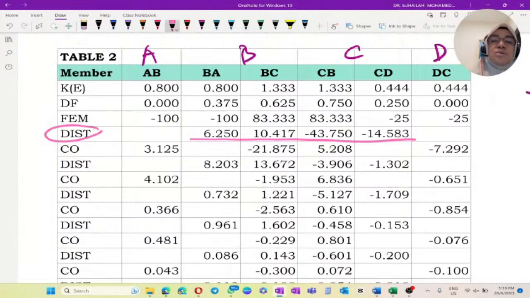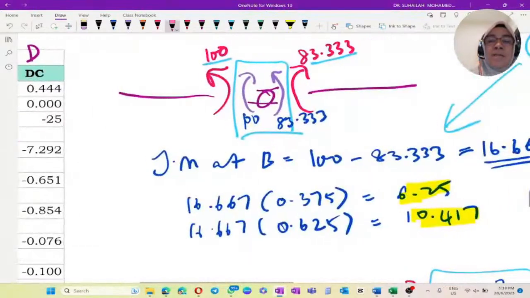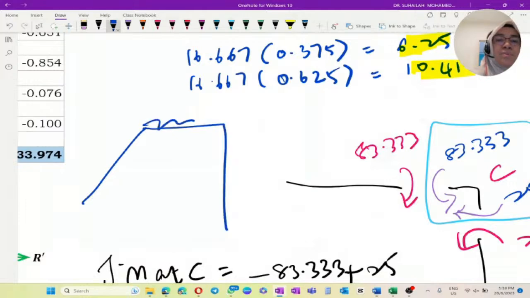Okay, so this is the case where there is no applied moment subjected at the node or joint. Actually, if in the question we have another applied moment like this, 30, where should we put this 30?